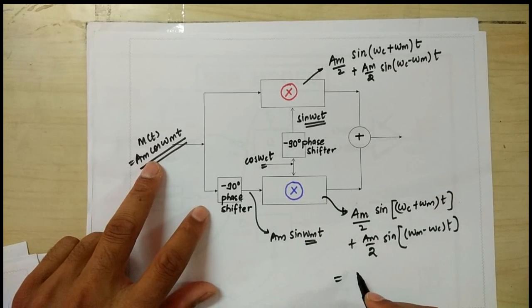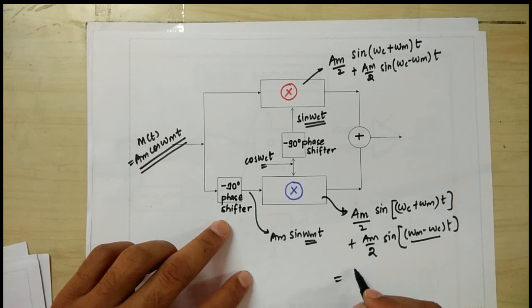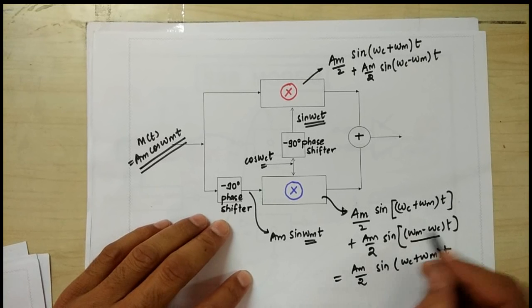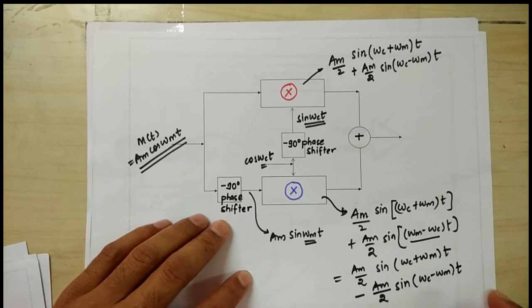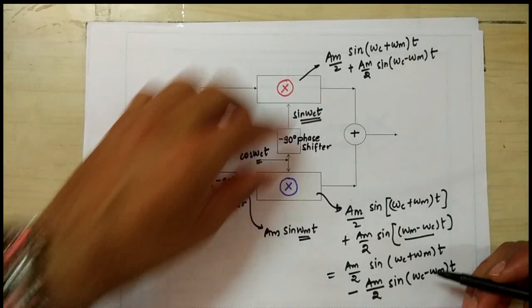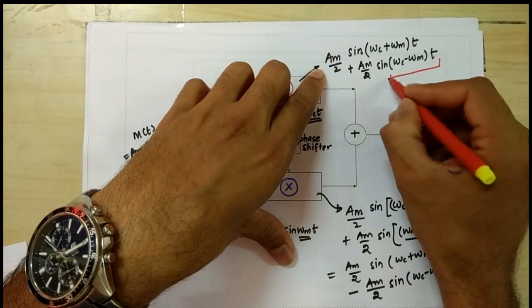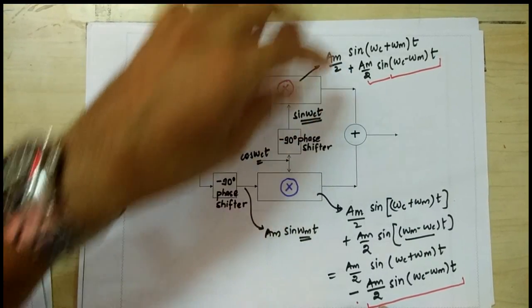Because we know that omega c is greater than omega m, we can rewrite this term with a minus sign outside as sin of omega c minus omega m t. So if you see these two equations, here the lower sideband is positive, and here the lower sideband is negative.